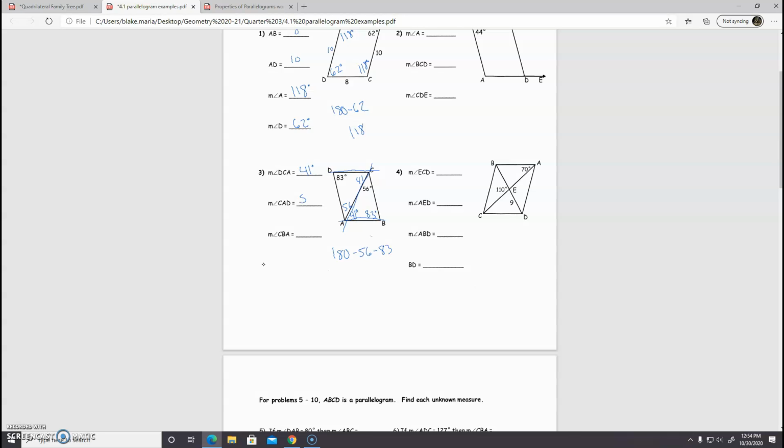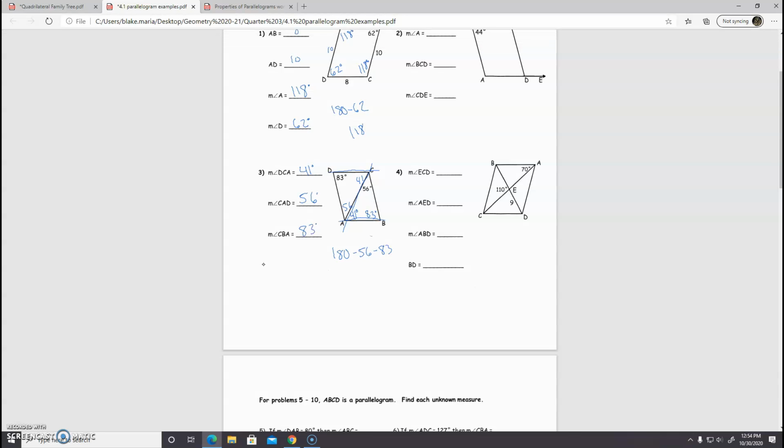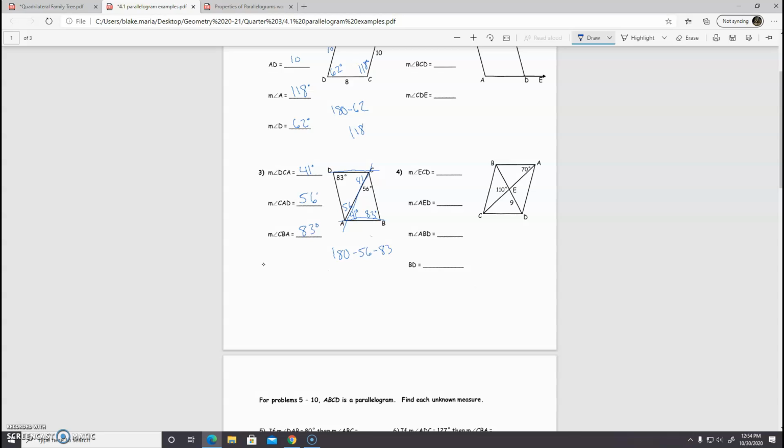CAD is 56 degrees. And CBA is 83 degrees. That's a degree symbol. Notice how I just fill out as much as I can on my picture, and then I go back and say, okay, what did I want to answer?